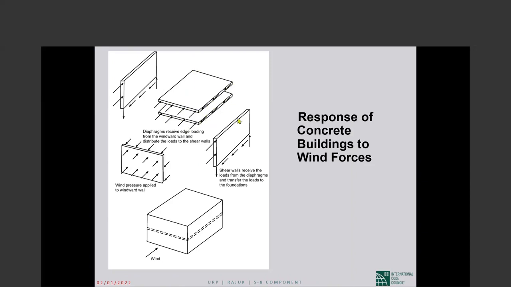Those shears are transferred to the supporting frames or shear walls, which then take the wind loads down to the foundation and the ground underneath. So the wind is transferred from the point of application down to the ground through the floor and roof diaphragms, making this a simple diaphragm building.